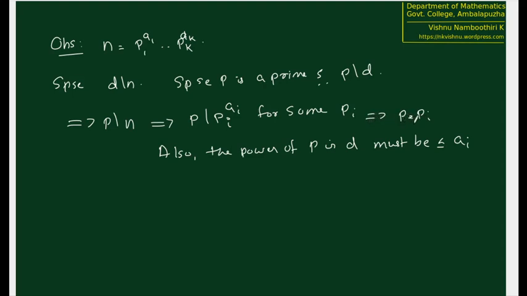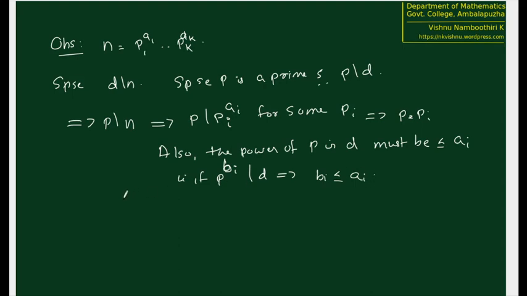Not only that, the power of p in d, if p is appearing bi times, then bi must be less than or equal to ai. That is, if p to the power bi divides d, then bi must be less than or equal to ai.